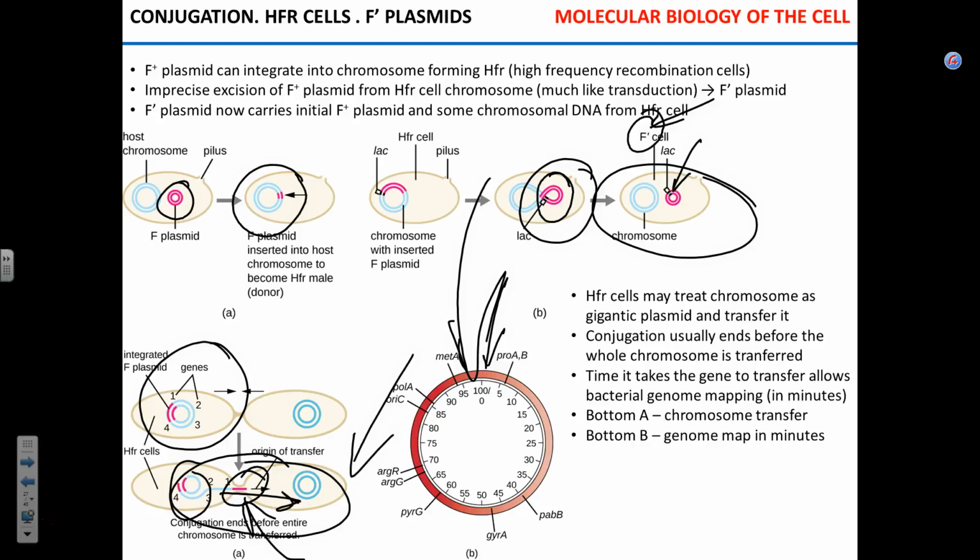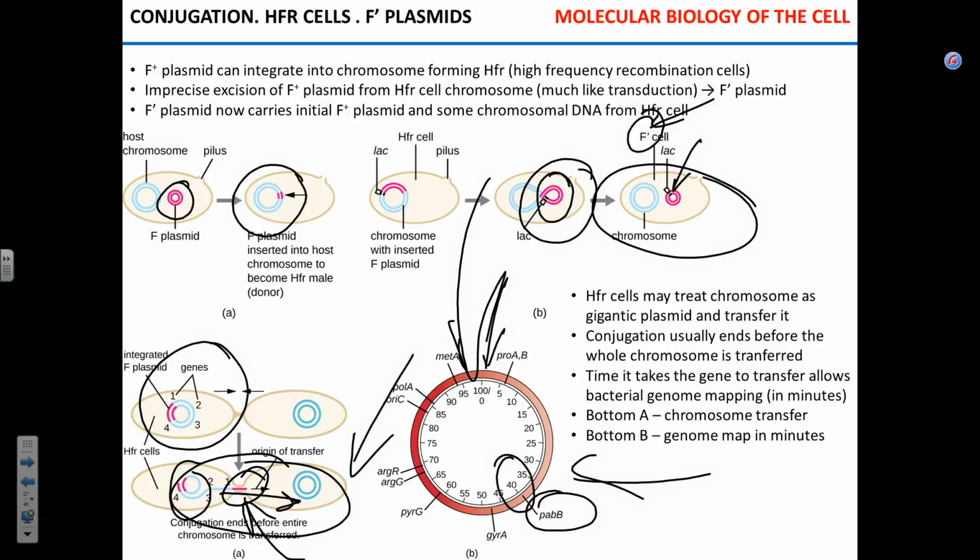So, for instance, if this gene, PABB, is at 40 minutes, it means that for that particular genome, I think it's E. coli, okay? For that particular genome, it takes 40 minutes to transfer the part of the genome that includes the gene PABB, okay?